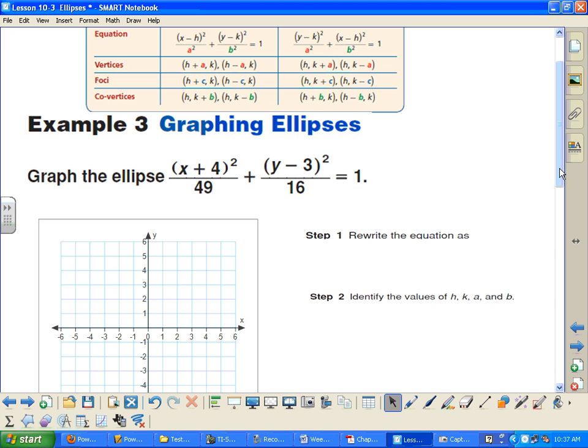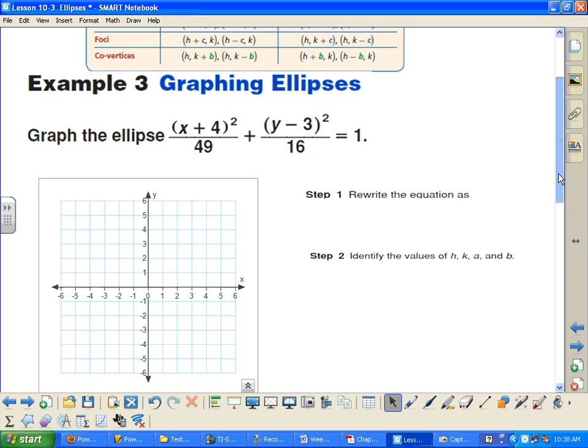So here they want us to graph this ellipse. When they ask you to do this, I would prefer that you did it on graph paper, just to make sure that your graphs are accurate. Because if your scales are not the same, you could end up with a circle when you're supposed to have an ellipse.